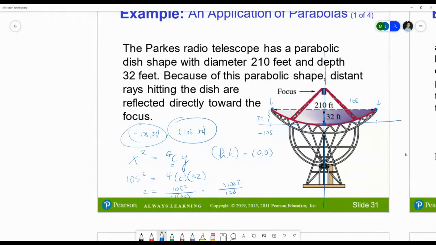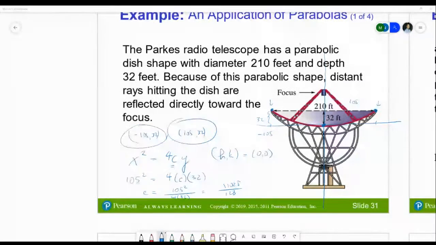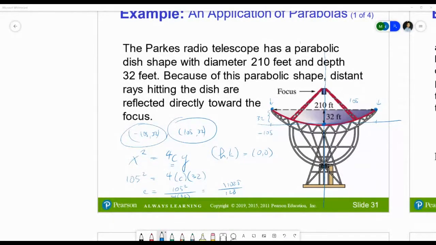Whatever that decimal is, like 86.132. About 86.1, okay. But to be exact, we should always leave it as a fraction here.